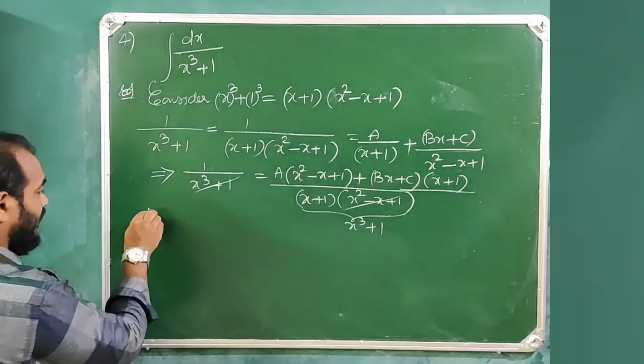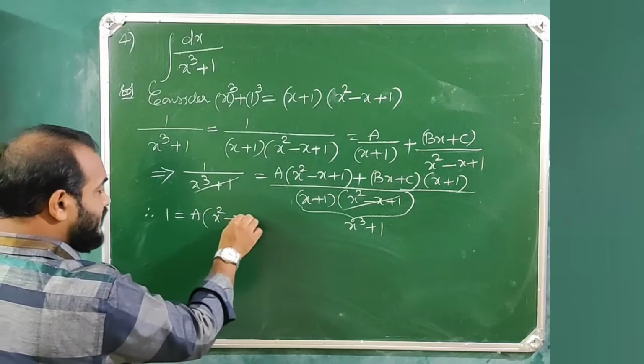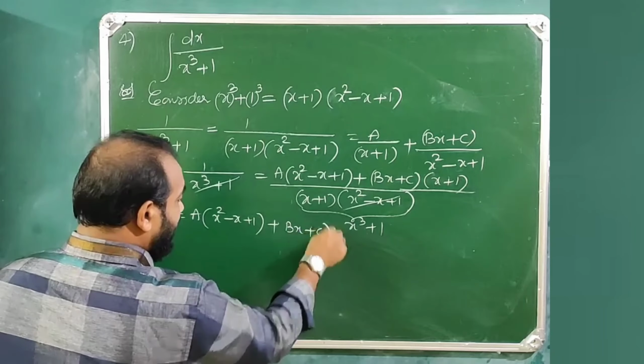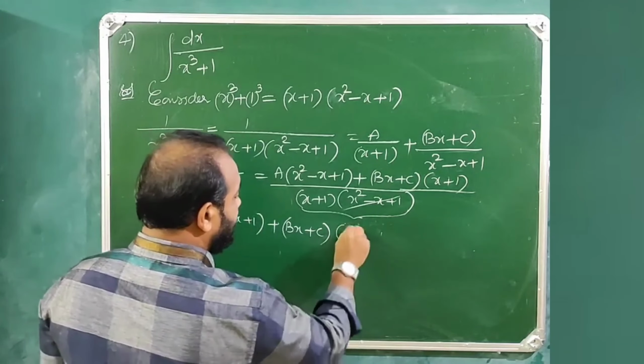Therefore, we are left with 1 is equal to a into x square minus x plus 1 plus bx plus c into x plus 1.